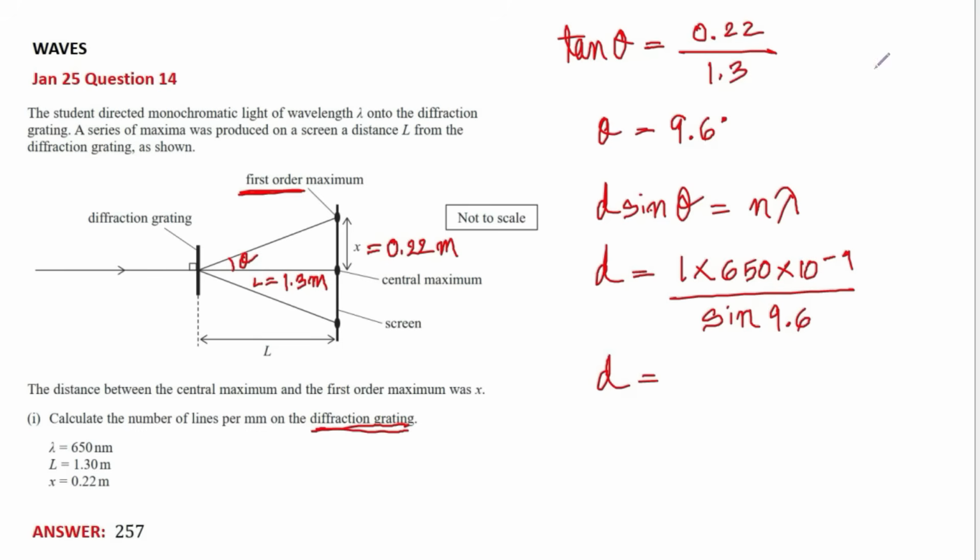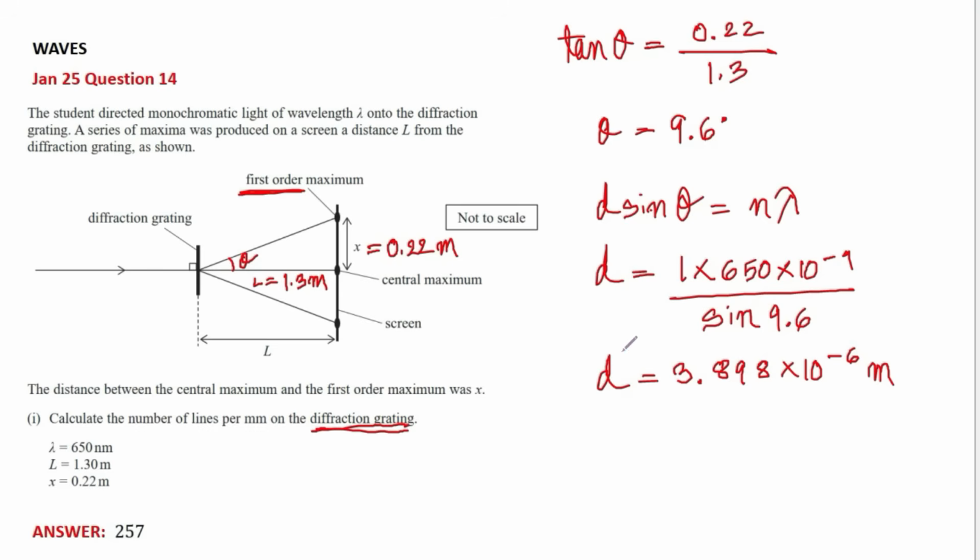So D is, do this for me please, pause the video and calculate this. So the value of D I got is 3.898 times 10 to the power minus 6. Of course, the unit is in meter. Now, always remember the equation that links D with lines per meter or lines per millimeter.